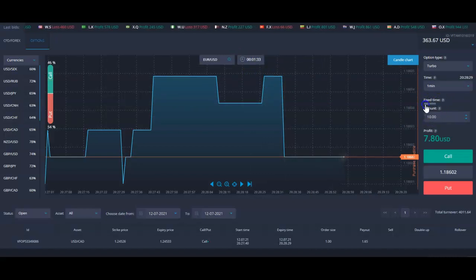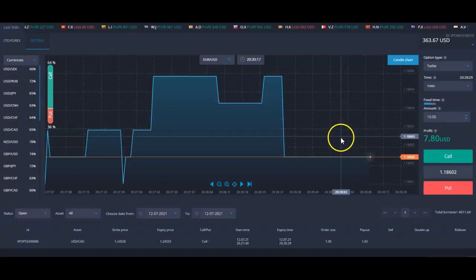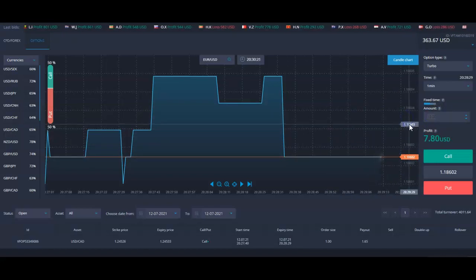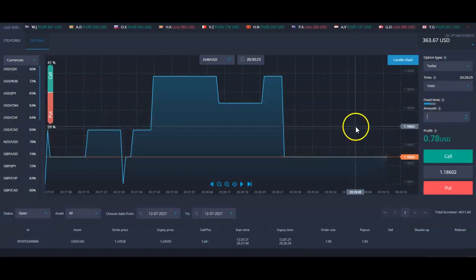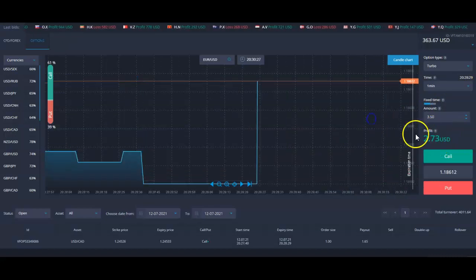Okay. Then, when you enter a trade, always double or triple check that the amount here is the correct amount you want to risk. So for a $500 account, 1% of $500 would be $5. So for this demonstration, for proper risk, we'd be taking, say, $3.50 trades.